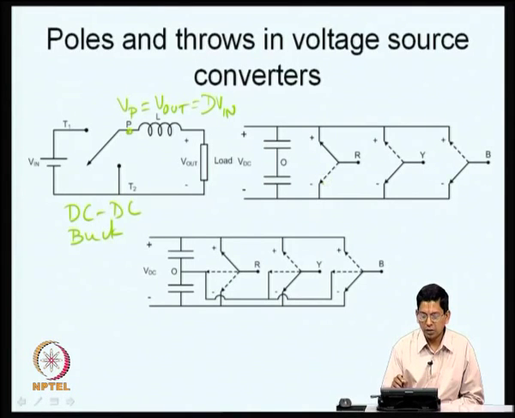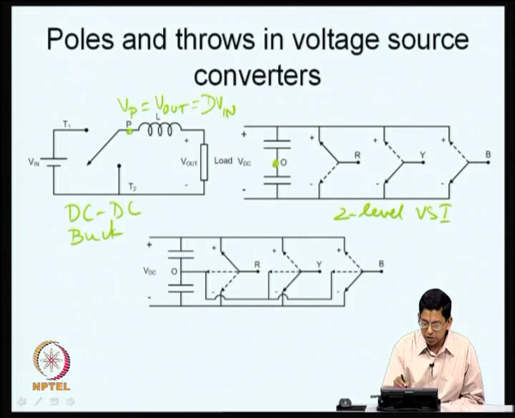In the case of a 2-level voltage source inverter, as you can very clearly recognize, this is a 2-level voltage source inverter. So, now let us take the point of reference as this midpoint O. Now, if you want to find R, you look at this potential VRO.